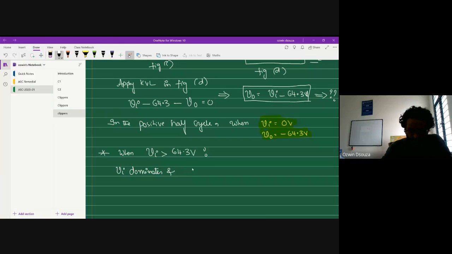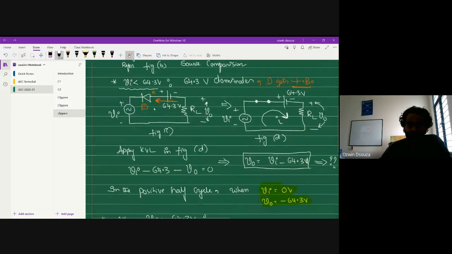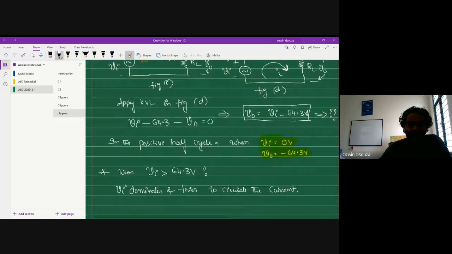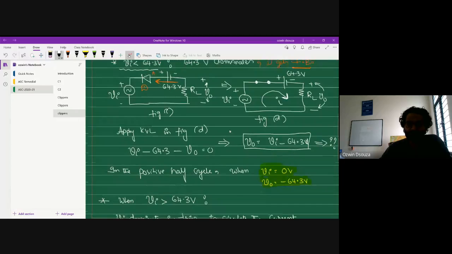You don't write that it will circulate the current, because that all depends on the diode orientation. Vi dominates in the sense that it is trying to circulate the current.